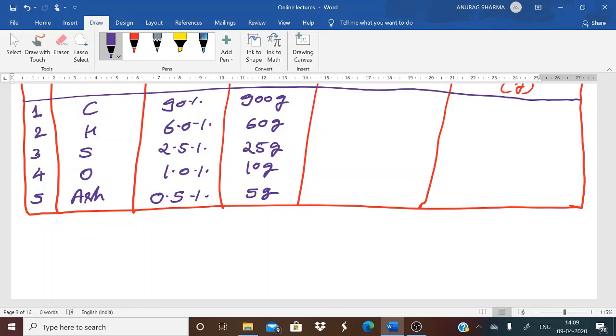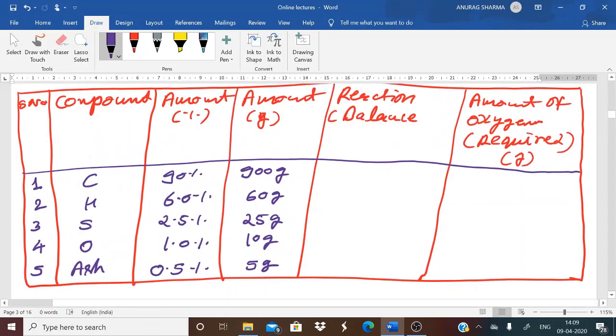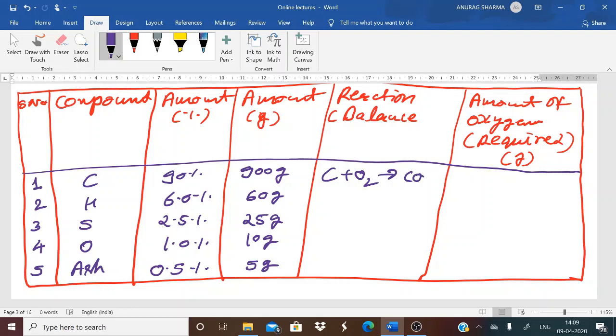Now balanced reactions of combustion. Carbon when it reacts with oxygen, the product is CO2. This reaction is already balanced, so we will not put any value before carbon and oxygen.